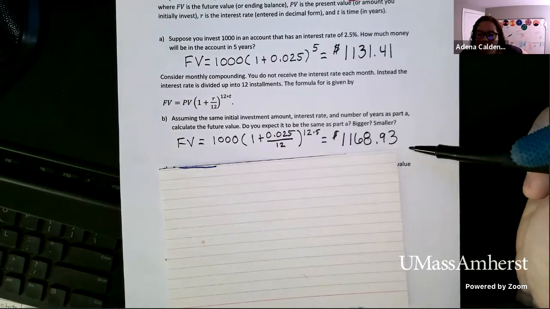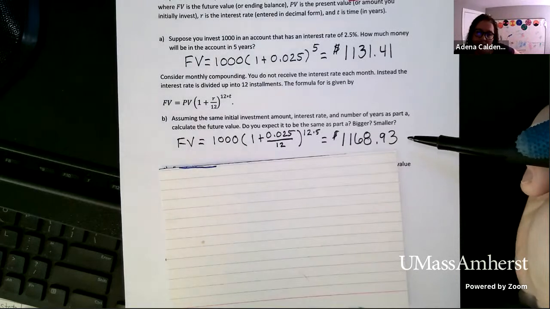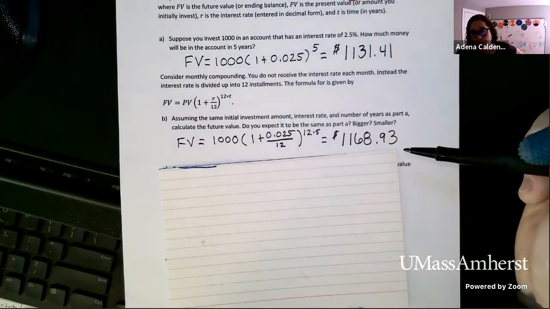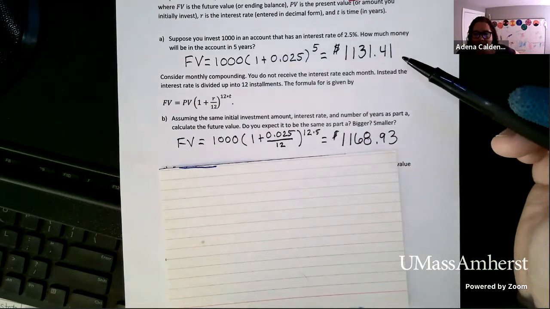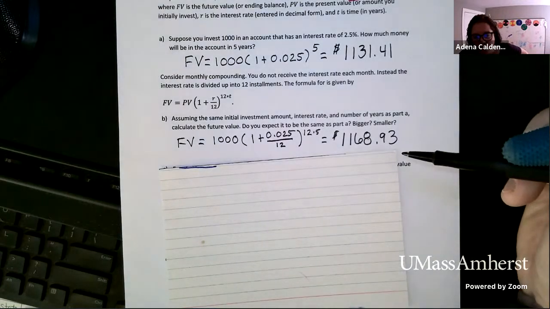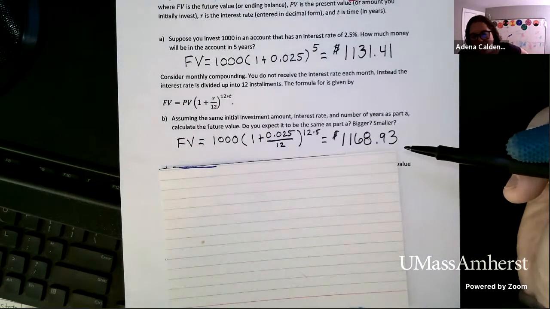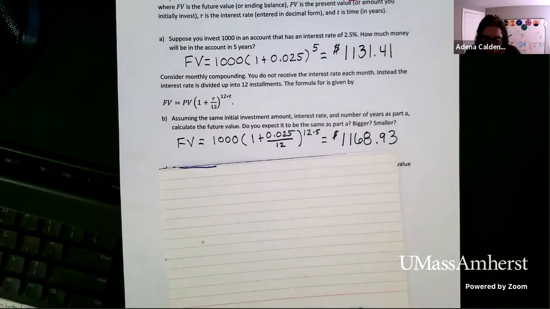So the more often you compound, the better it's going to be for you, the more money you're going to make. If you have a choice between banks and one is offering 2.5% compounded annually and one is offering 2.5% compounded monthly, monthly is the better choice. So the more often you compound, the more money you make.